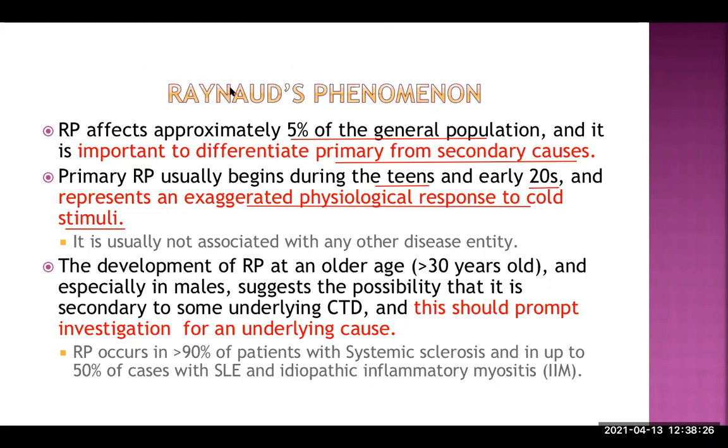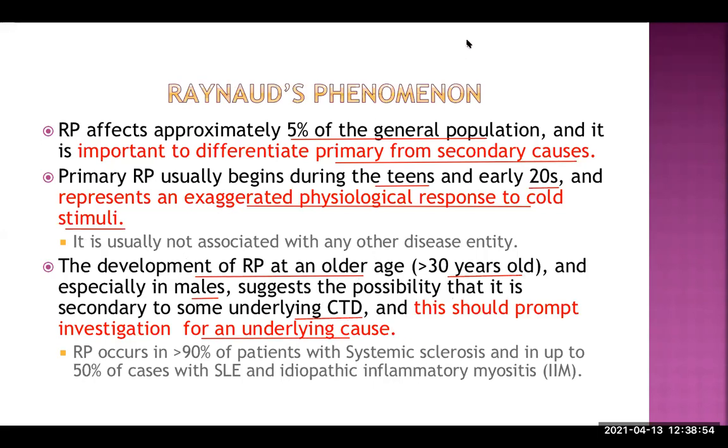On the other hand, development of Raynaud phenomena at an older age, that is more than 30 years old, especially in males, suggests the possibility that it is secondary to some underlying connective tissue disease, and this should prompt investigation for an underlying cause. And that's what we are talking about right now.